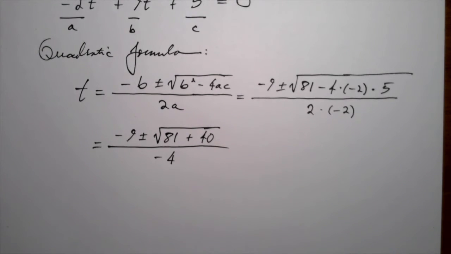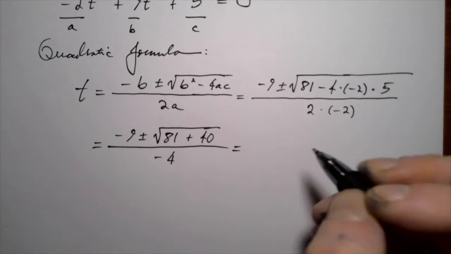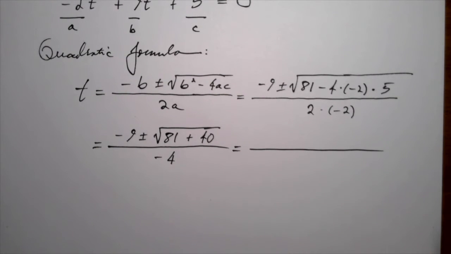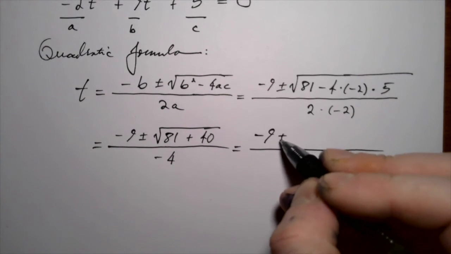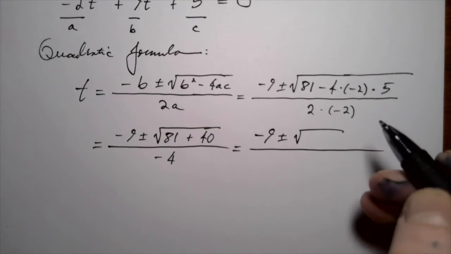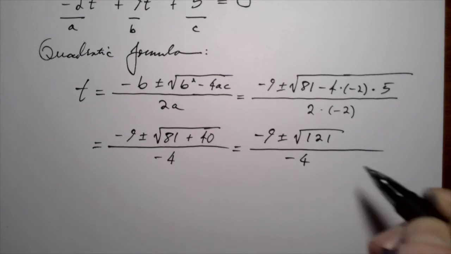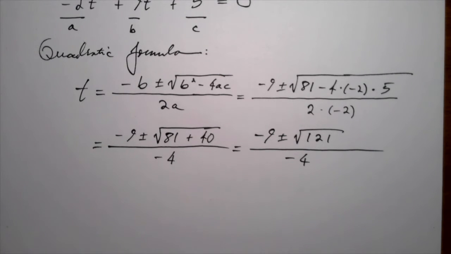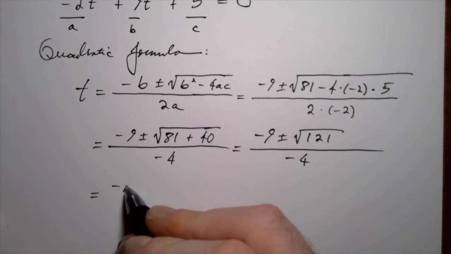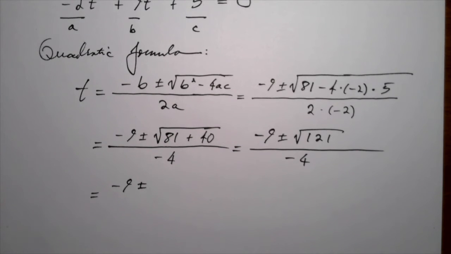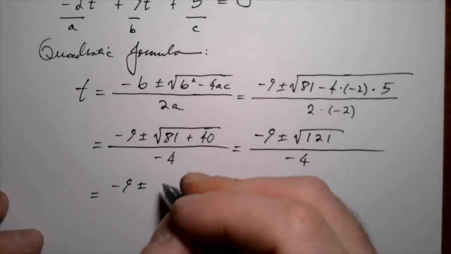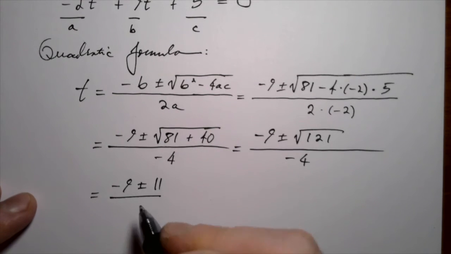And downstairs, 2 times minus 2 is just minus 4. Very good. What's 81 plus 40? That's 121. Do you recognize 121 as a square? That's one of those good ones to remember. 121 is 11 squared. So in fact, that square root is just 11.